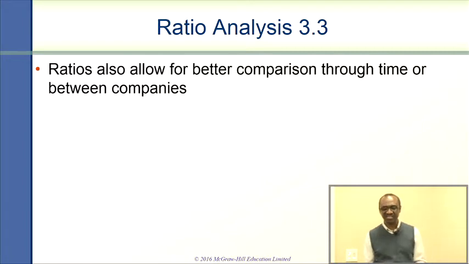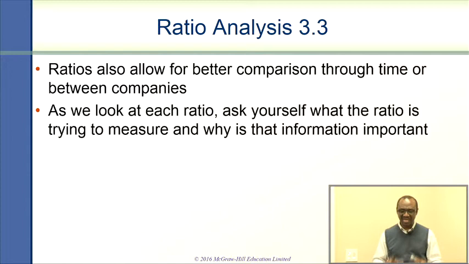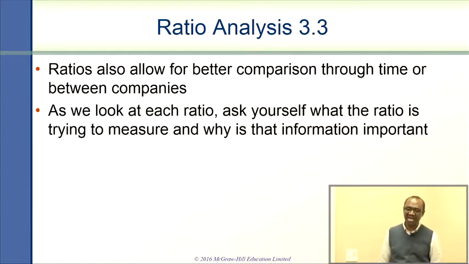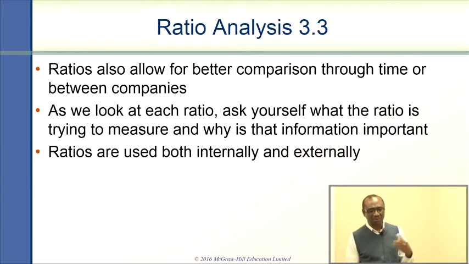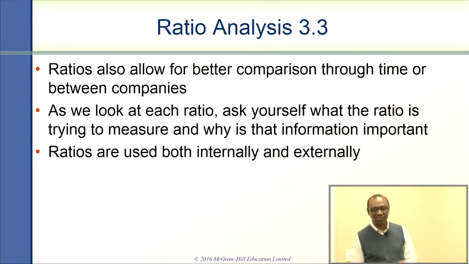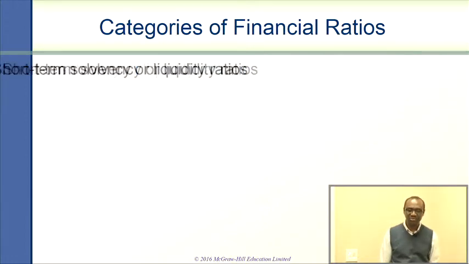So ratio analysis helps us to ask ourselves, what exactly are we trying to measure, and why is it important to us? That's what ratio analysis talks about. It's used both internally and externally. And so we're looking at the five main areas of ratios.